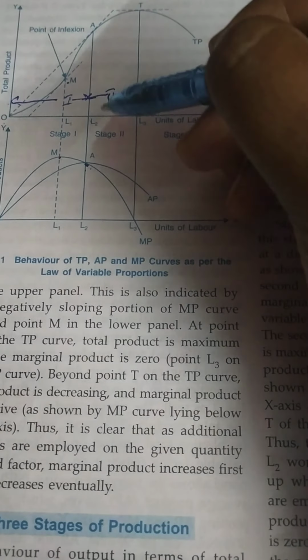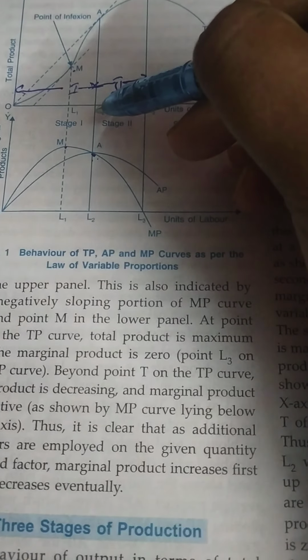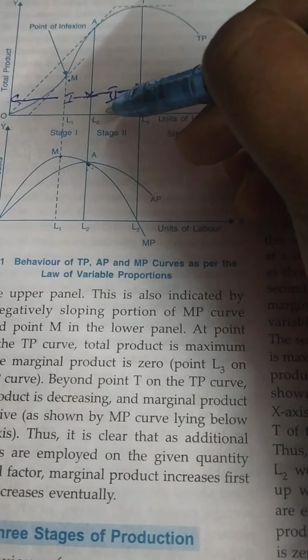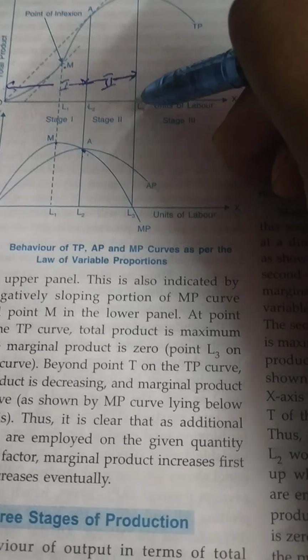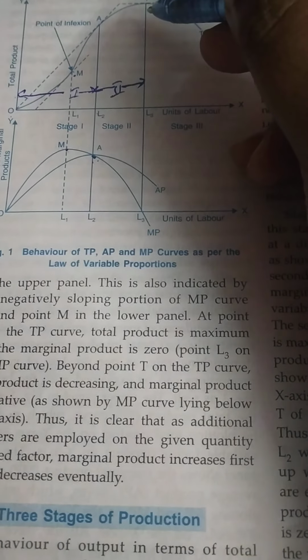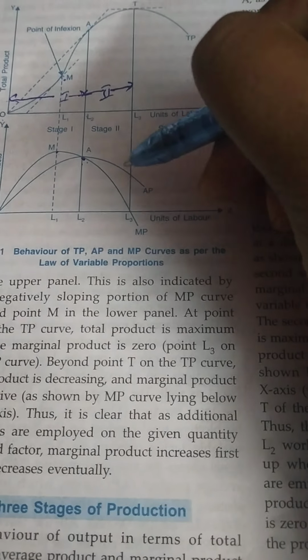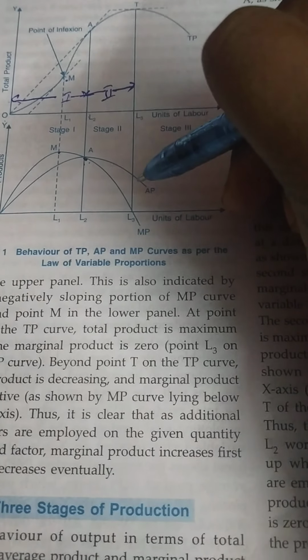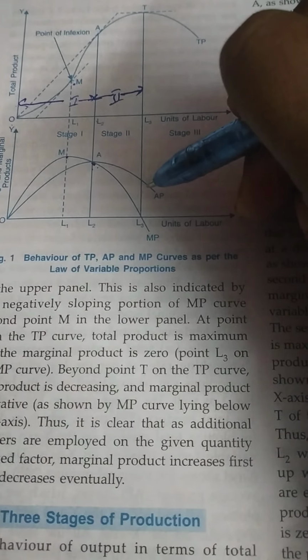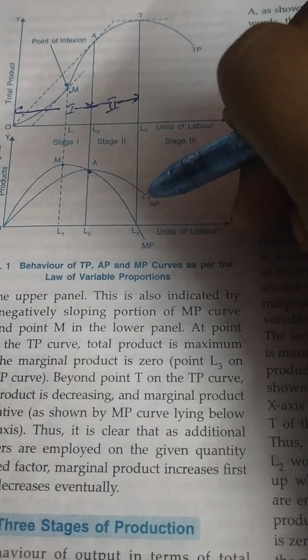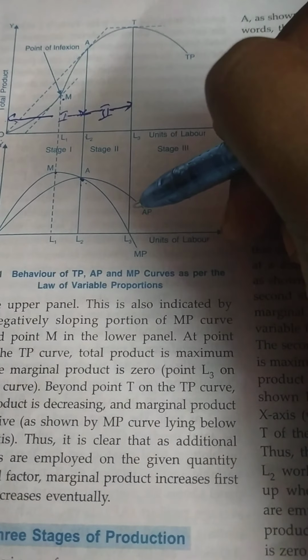So stage 2 begins from the employment of OL2 units of labor and ends at OL3 units of labor when TP is maximum and MP is 0. AP is also falling, but AP cannot be 0. AP is still positive.